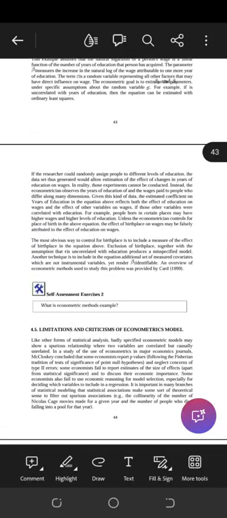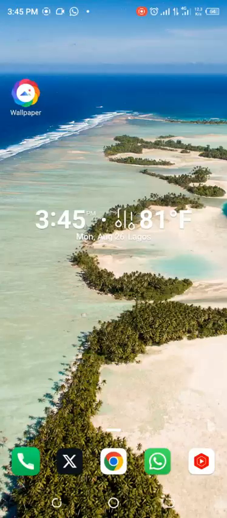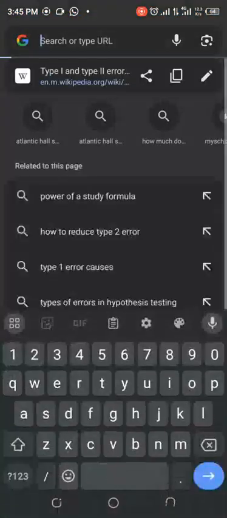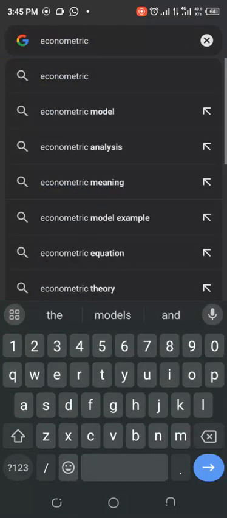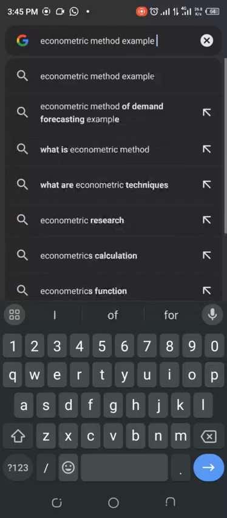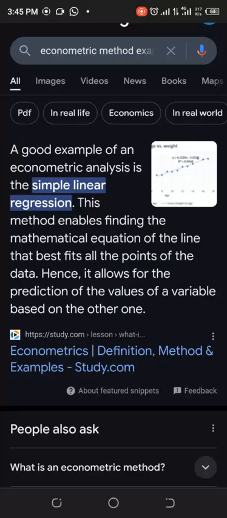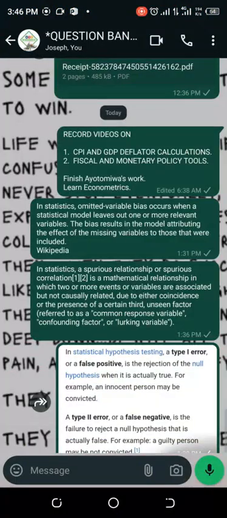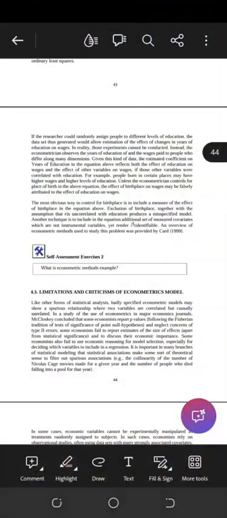Econometric method. This should be the OLS now. Let me check something. Okay, simple linear regression. Thank you. So the answer to that would be simple linear regression, maximum likelihood, all the things that have been mentioned before, exploratory.